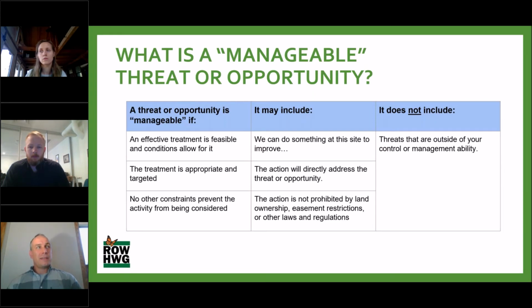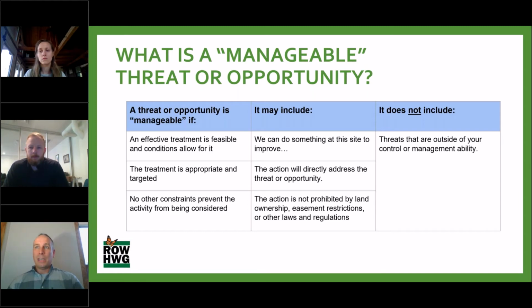So, if you think about that maybe in the opposite, as we show on this table here, manageable threats are basically things that are within your control. It does not include all those things that are sort of outside of your management control or purview. And so, if you think about things like if you're doing projects on easements, there are certain easement restrictions.